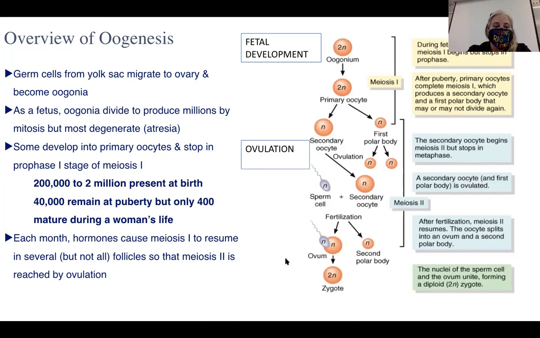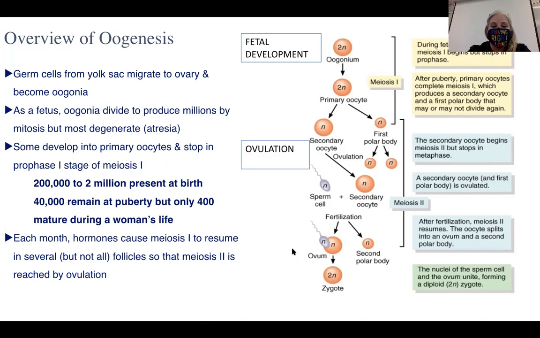Basically, most of the oocytes that you produce in utero when you're a tiny little female embryo, most of those oocytes are going to be reabsorbed. They're not going to fully develop. They're not going to finish out meiosis. You're going to start with anywhere from 200,000 to 2 million, and then at around puberty, you're going to have around 40,000.